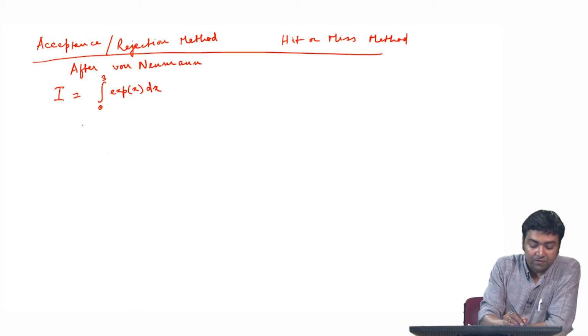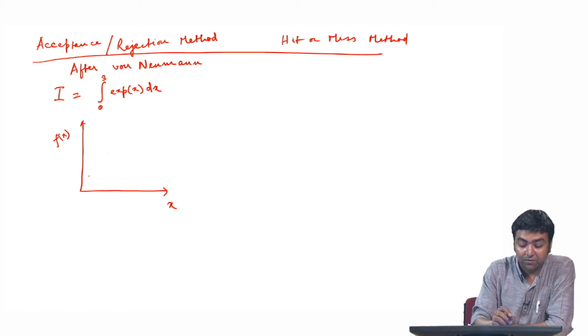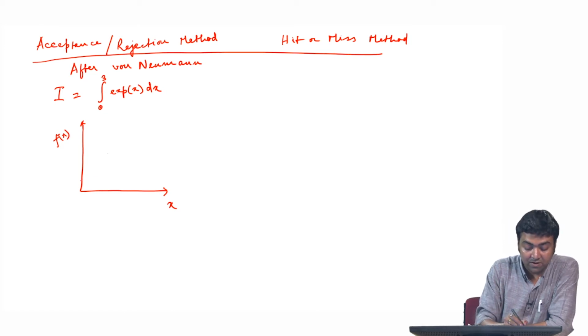So, if I plot this function e to the power x, it will look like the following. I have my x axis here. At x equals 0, e to the power 0 is 1. So, it will go from 1 here and go all the way up here.